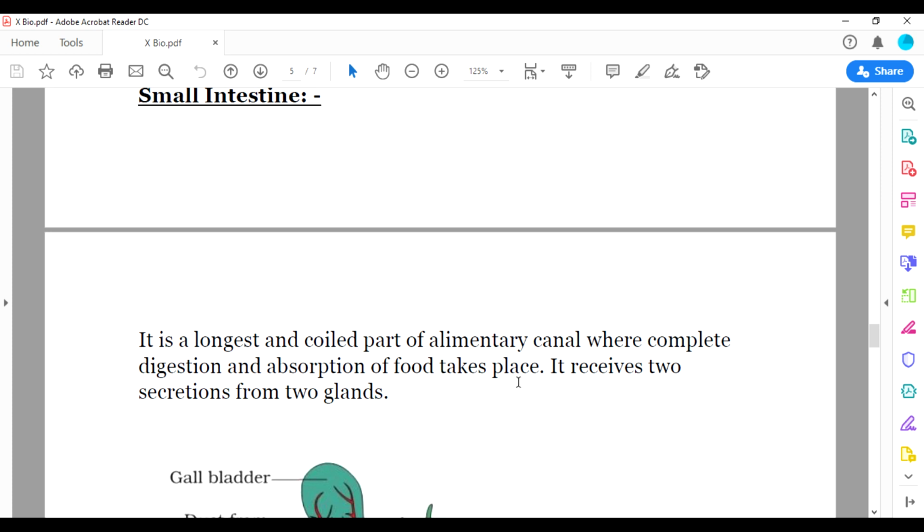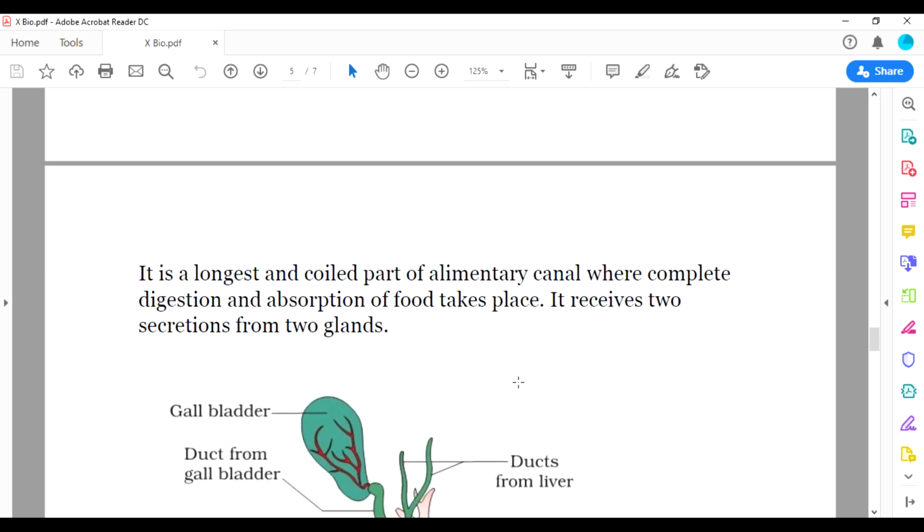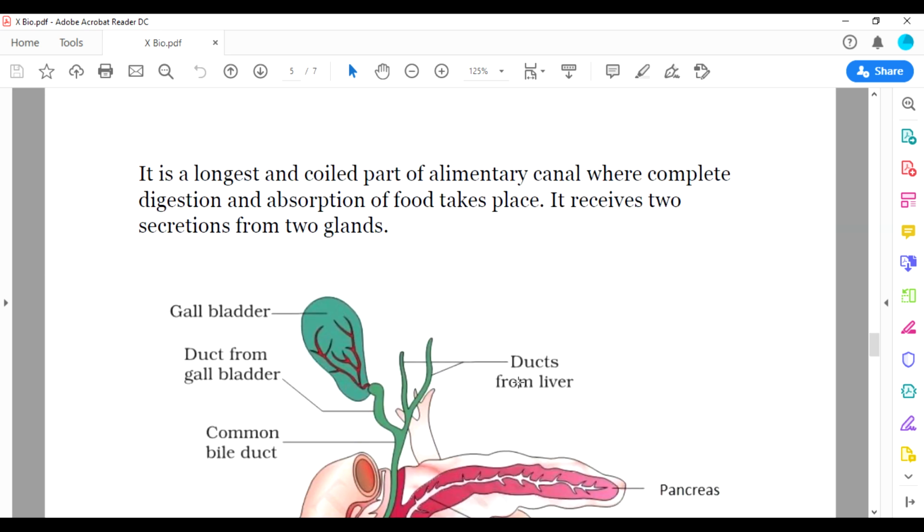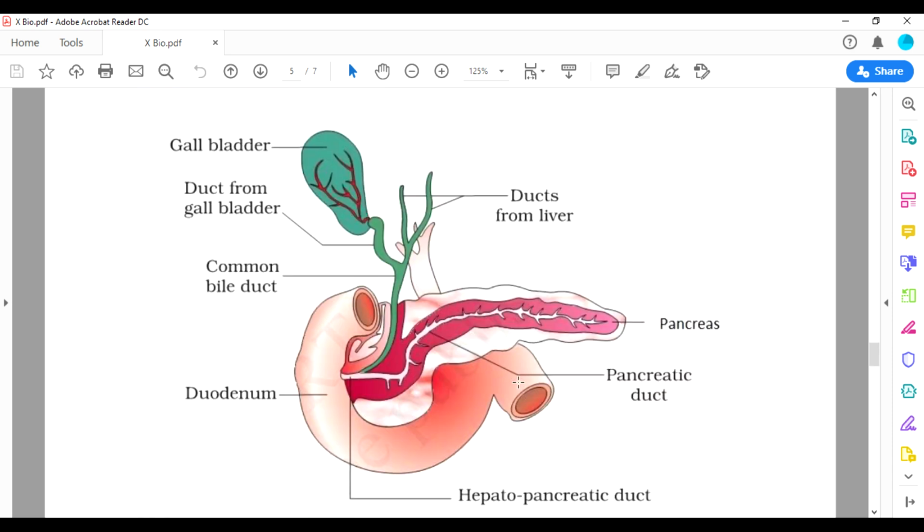The small intestine is divided into three regions: duodenum, jejunum, and ileum. Duodenum receives secretions from two glands. These are the liver and pancreas. The liver stores its secretion in the gallbladder, and the gallbladder opens into the duodenum through the bile duct.